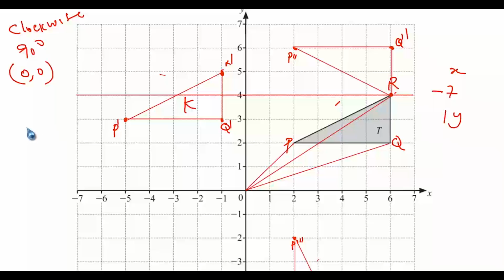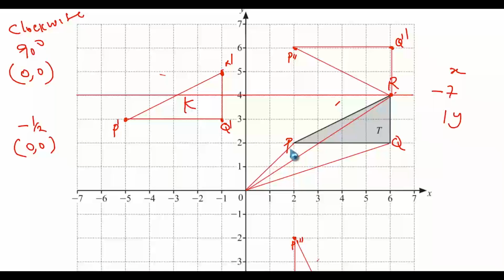The scale factor is minus a half, and the center of enlargement is x equals 0, y equals 0. So what we need to do is to count from the center of enlargement to each of the points in triangle T, okay? And multiply by the scale factor and do the needful.